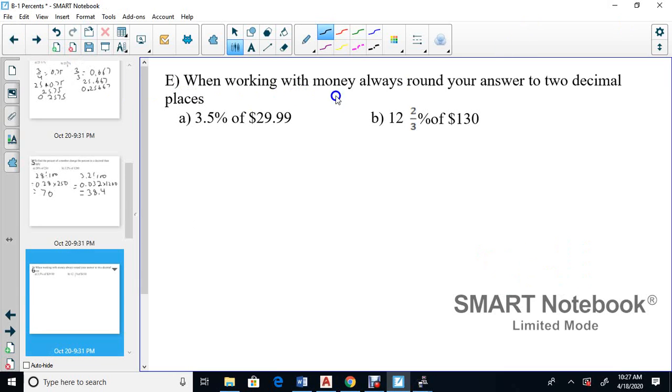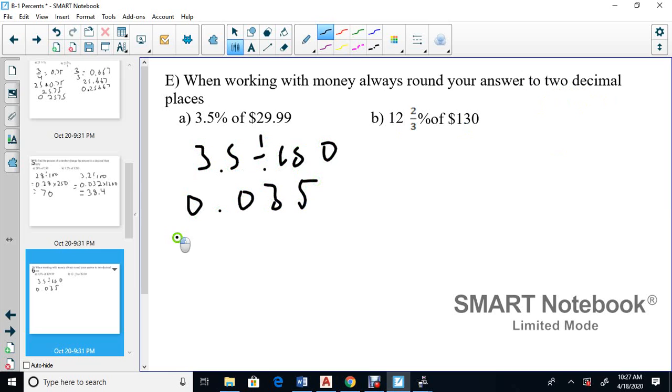Okay, E. When working with money, always round your answer to 2 decimal places. So here we take 3.5 divided by 100. We do the same thing, you get 0.035, and then you multiply 0.035 times 29.99.